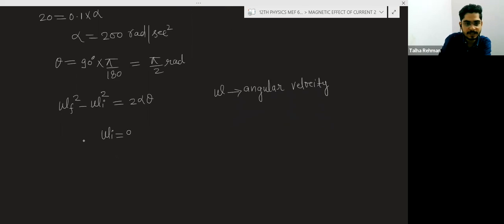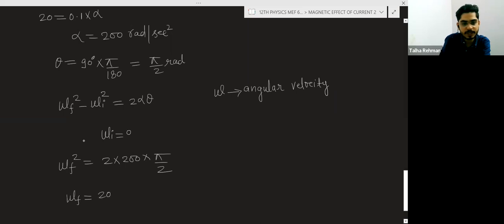So final angular velocity square is equal to 2 alpha theta. 2 into alpha is 200, and theta we put in radian, that is pi by 2. So final angular velocity will be 20 into pi by 2 radian per second. So finally, we get this answer of omega, the final angular velocity.